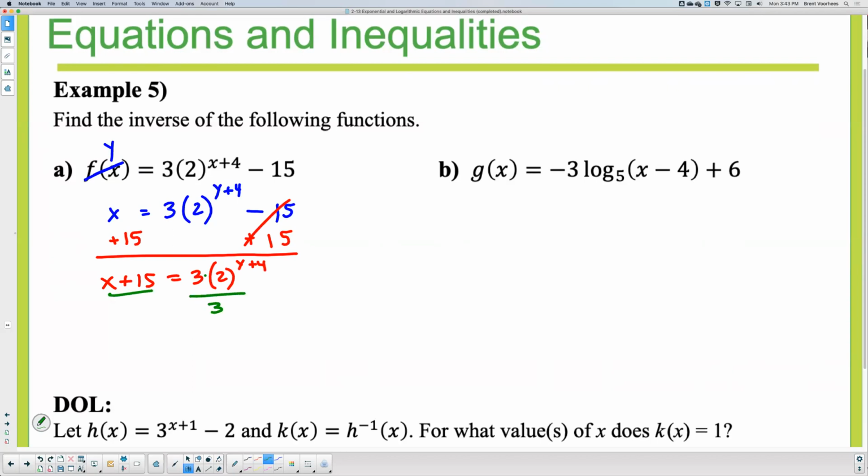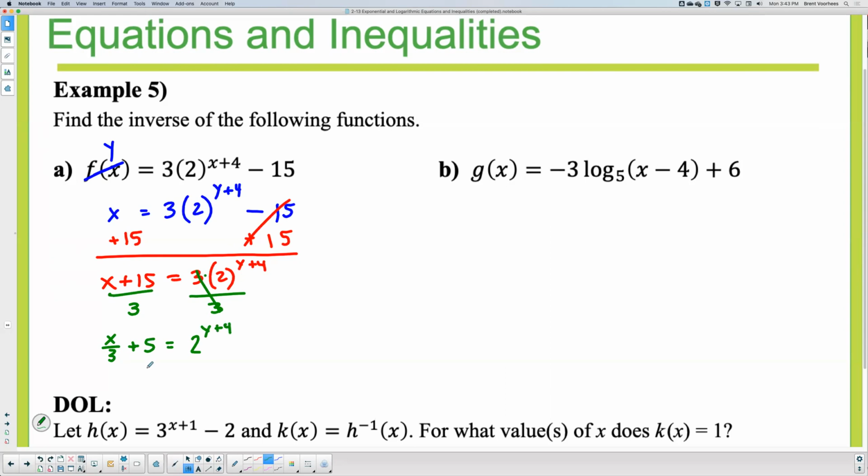That's the inverse operation, the opposite here. And you could distribute these if you want and say this is x over 3 plus 5. If you like, you could write it that way, or you can leave it in this form, whichever form you want. That's equal to 2 to the power of y plus 4.